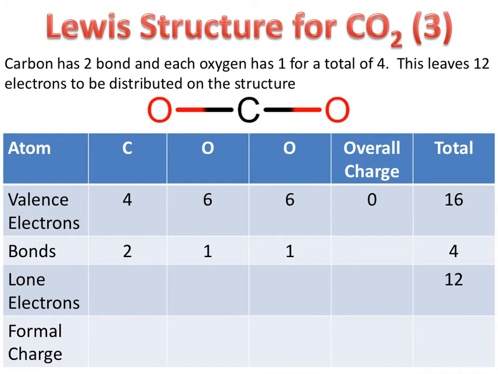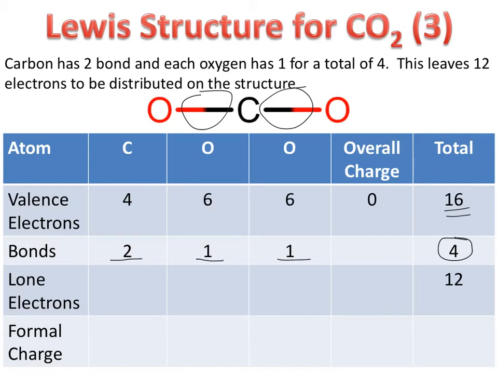So looking at carbon dioxide, we start out with 16 total valence electrons. There are 2 bonds. 2 bonds is a total of 4 electrons, but here's how we account for them on the table. Carbon has 2 bonds because it's sharing 1 electron to each of the 2 bonds.